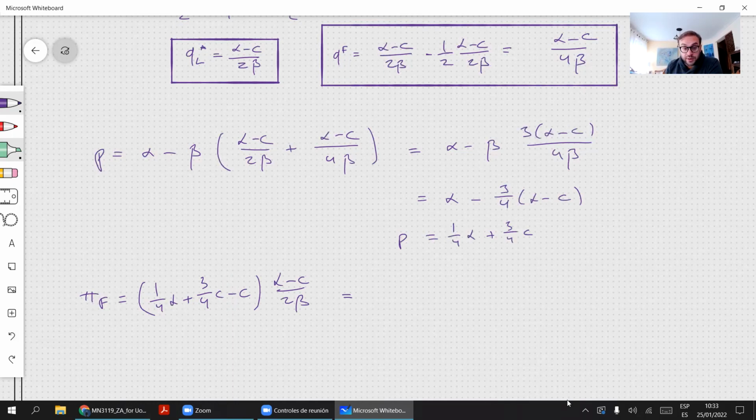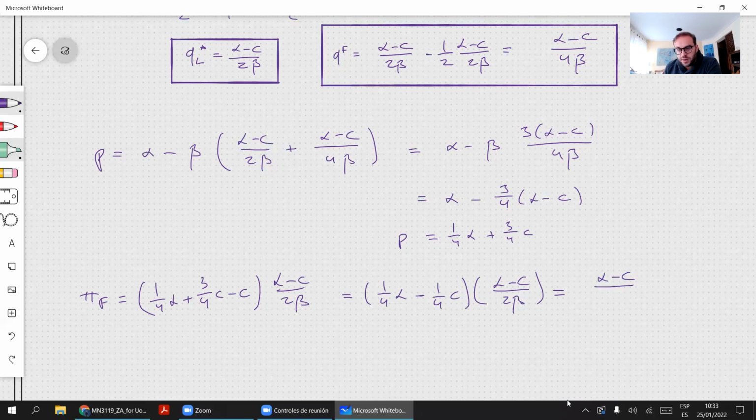So let's be careful here. I get 1/4 alpha minus 1/4 C multiplied by alpha minus C over 4 beta, which gives me alpha minus C squared over 16 beta. So you see, it's again all proportional to alpha minus C over beta.